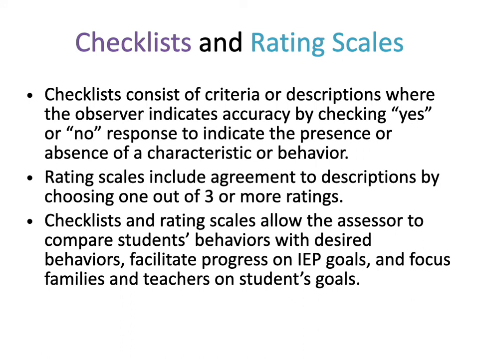Similarly, there are checklists and rating scales. Checklists consist of criteria or descriptions where the observer indicates accuracy by checking yes or no response to indicate the presence or absence of a characteristic or behavior. Rating scale is very similar, but it includes agreements to descriptions by choosing 1 out of 3 or 1 out of 4, 0 to 5, or strongly agree to strongly disagree.